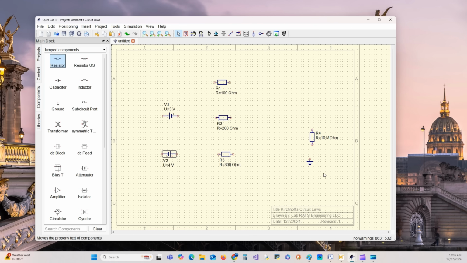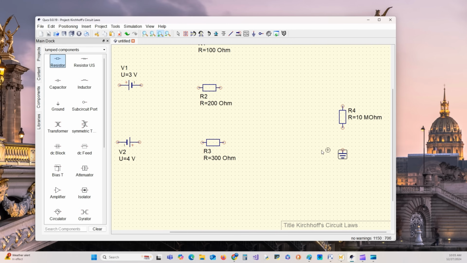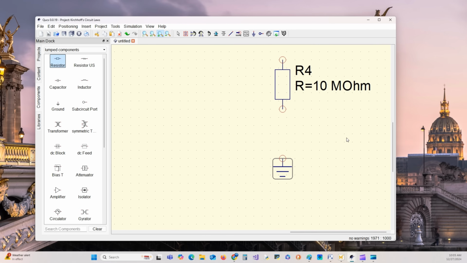Now, I've discovered a little trick using the cursor keys and zooming in that really increases the ease at which to do your wire wrapping or your circuit connection. So just zoom in. We'll do R4 first.